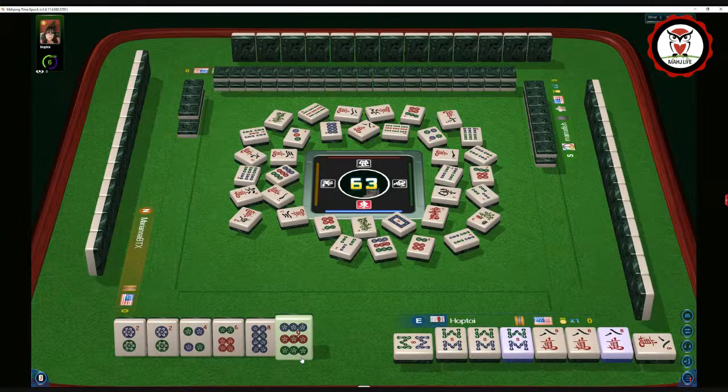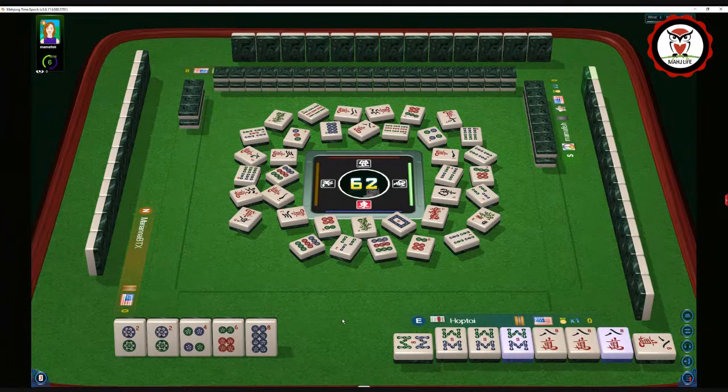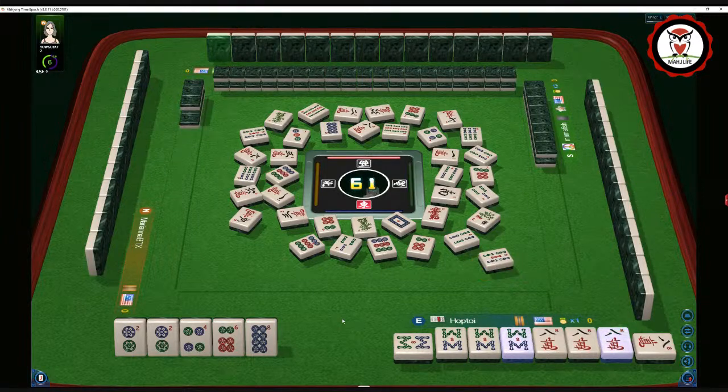Oh, 9 dot. We're being mocked. 5 bamboos. I'm hoping it's early enough in the game that they might think we're not ready for that 8. White dragon.